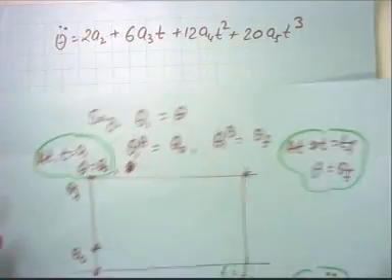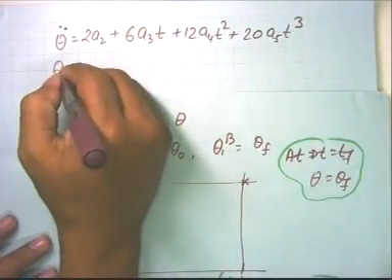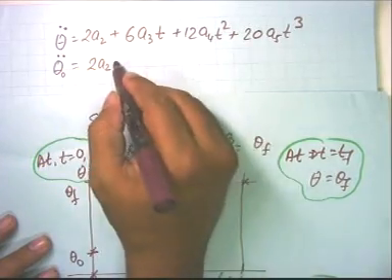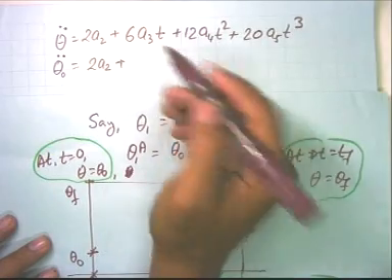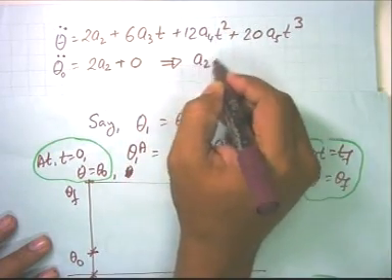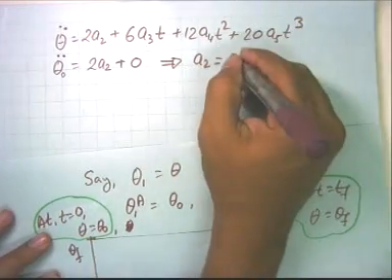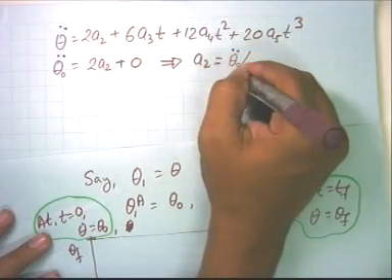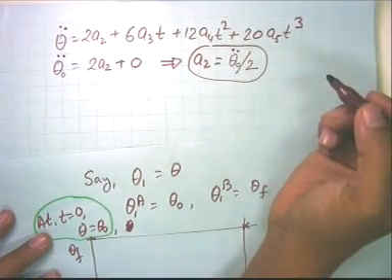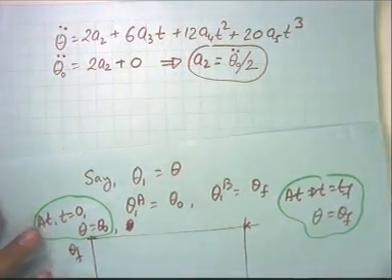So, I put that value. So, theta 0 double dot is equal to 2A2 plus, these are all at zeros. So, these are zeros. So, from there I can get A2 is equal to theta 0 double dot by 2. So, another coefficient is obtained.